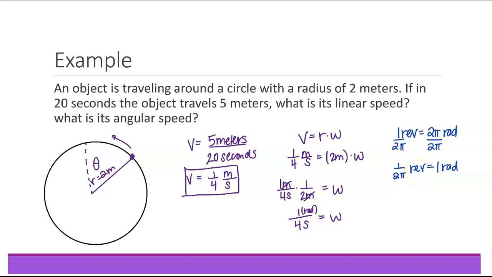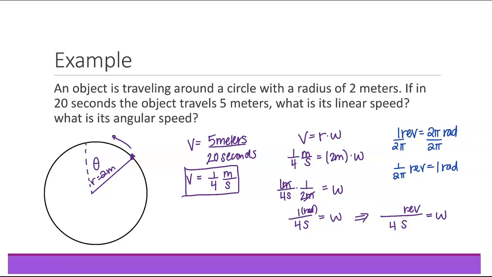So here's what we have. I have 1 over 2 pi revolutions in the numerator, over 4 seconds. So now I have my revolutions per second: a revolution over a unit of time. I just need to clean this up a little bit. I should be really careful here. The 2 pi is all in the denominator of the 1, so if I write it slanted like that, I really have to use parentheses.